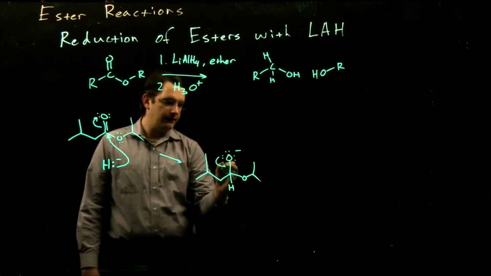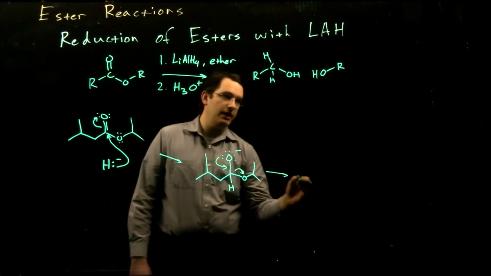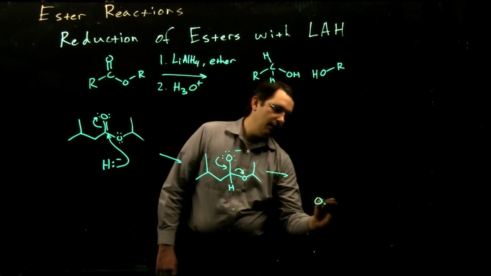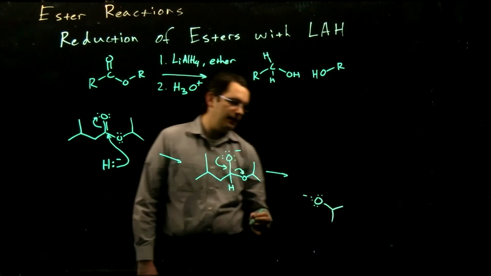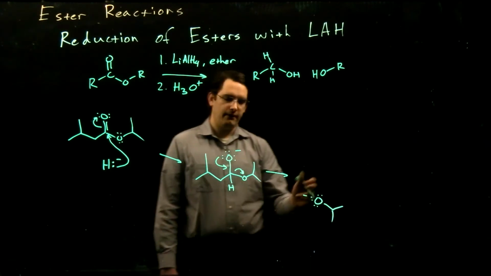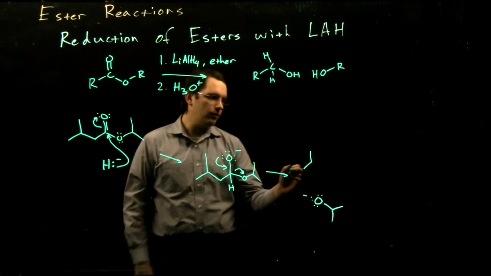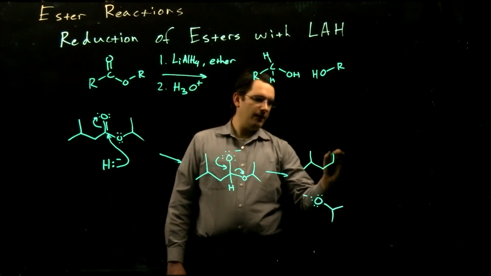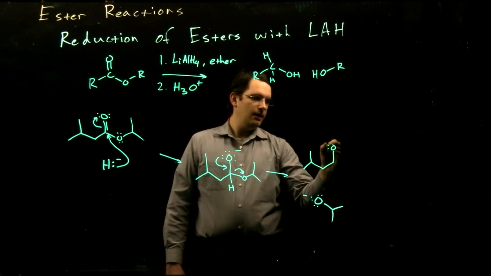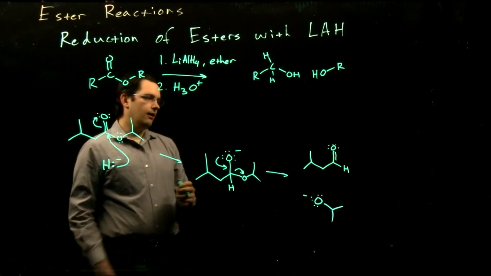Again, of course, as always, we can bring our electrons down and kick off our oxygen as our leaving group, and that's what ultimately ends up separating our ester and leading to this other alcohol product. So we're getting two different alcohols, one from the alkyl group of our ester, and the other one, as we'll soon see, is coming from the carbonyl of our ester.